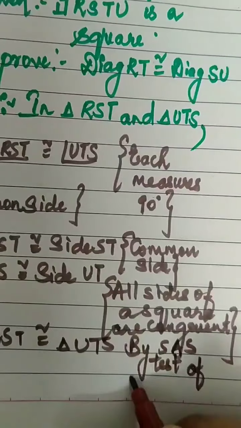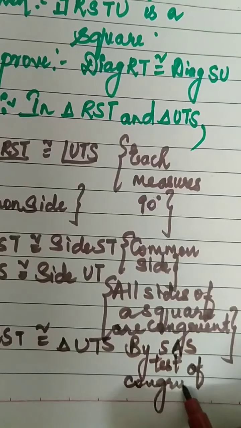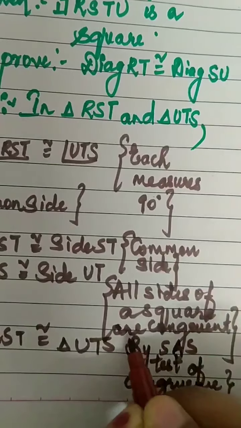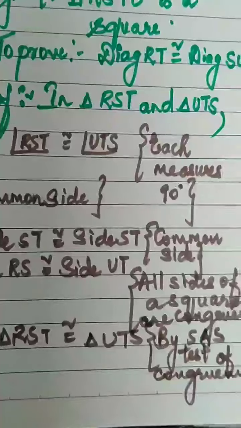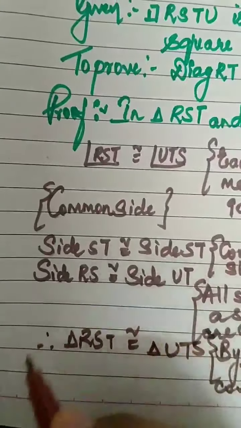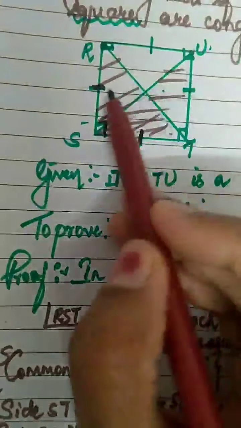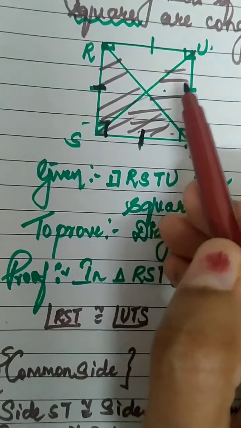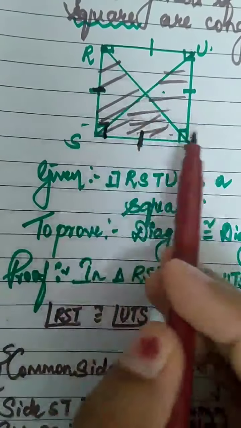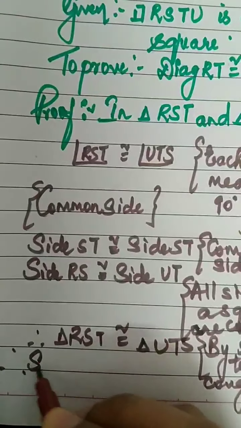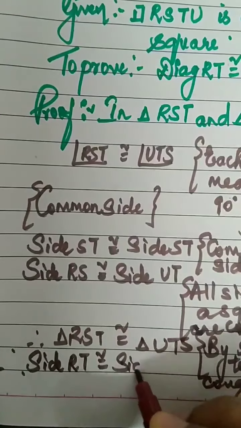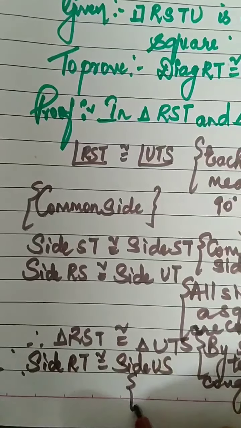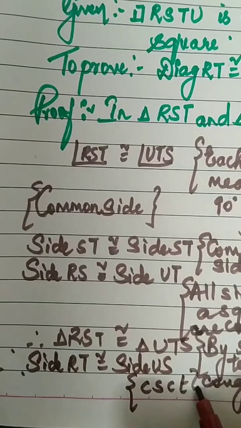So one out of this will surely come for your exam. I'm going to put one out of this, square or rectangle. So you will write finally: therefore, since both triangles are congruent, side RT is congruent to side US. Therefore side RT congruent to side US. Here I am writing the reason CSCT.